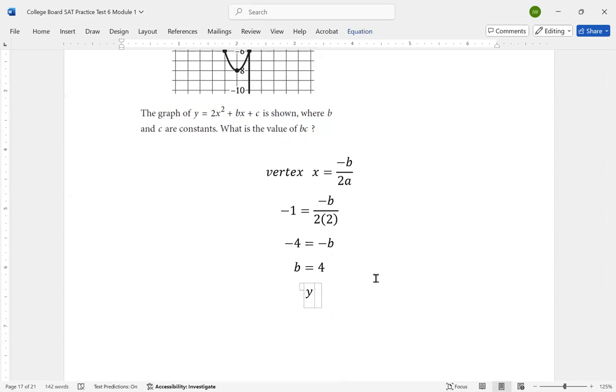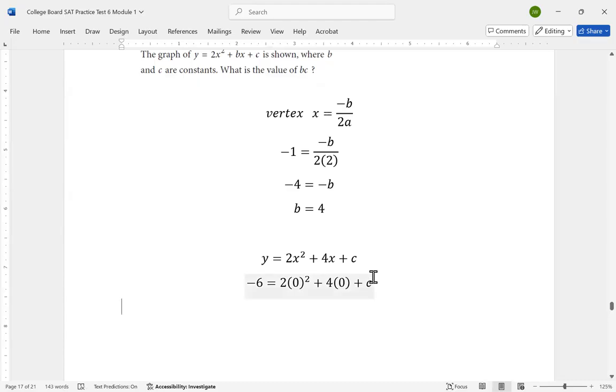We take my original equation, which was Y is equal to 2X squared plus BX, and now that I know B is 4, I'll just type in 4X plus C. Since I know it goes through the point 0, -6, I can plug in 0 for X and figure out that C is equal to -6.